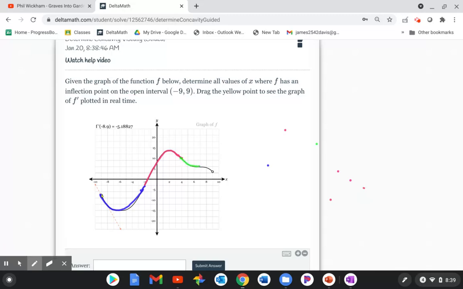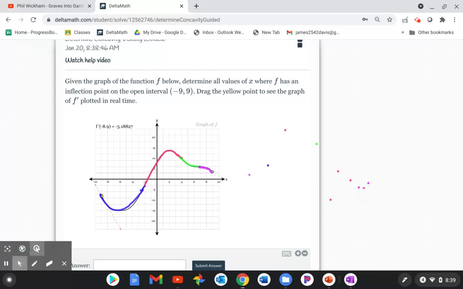Then it switches back to concave down, because that's definitely down there. So we have an up interval, then down, then it switches back to up briefly, and then back to down. Like I said, you'll get better at this the more you practice.